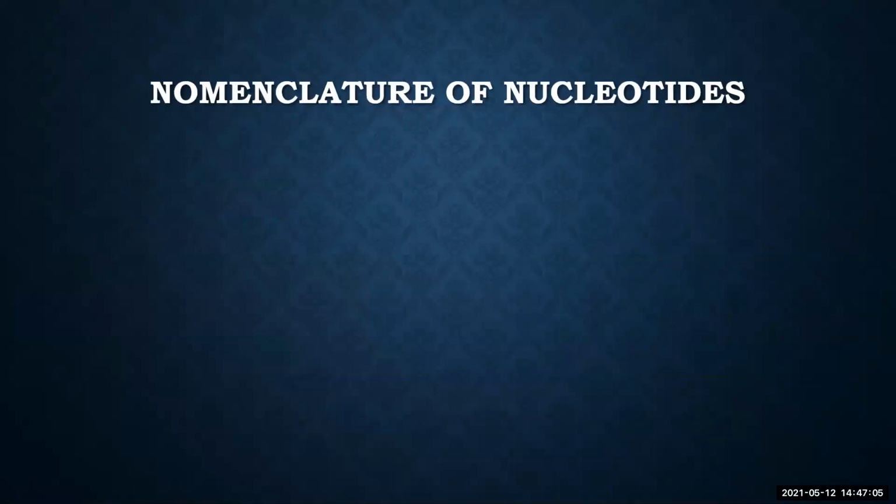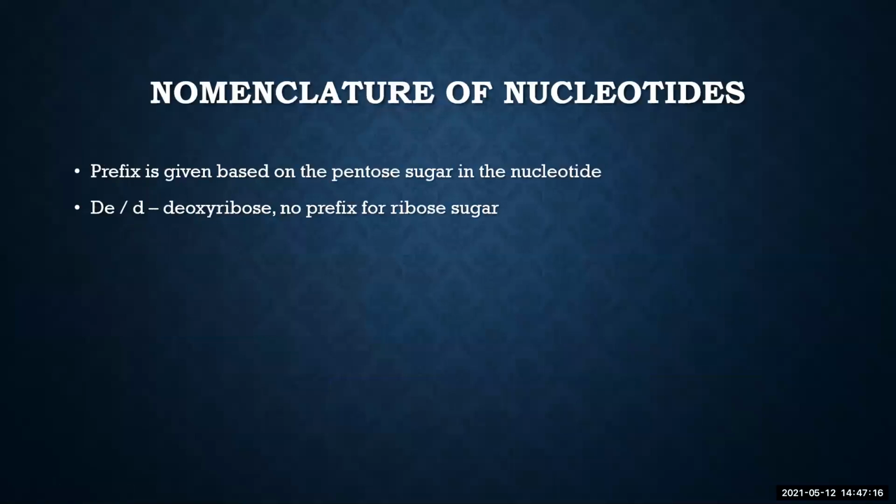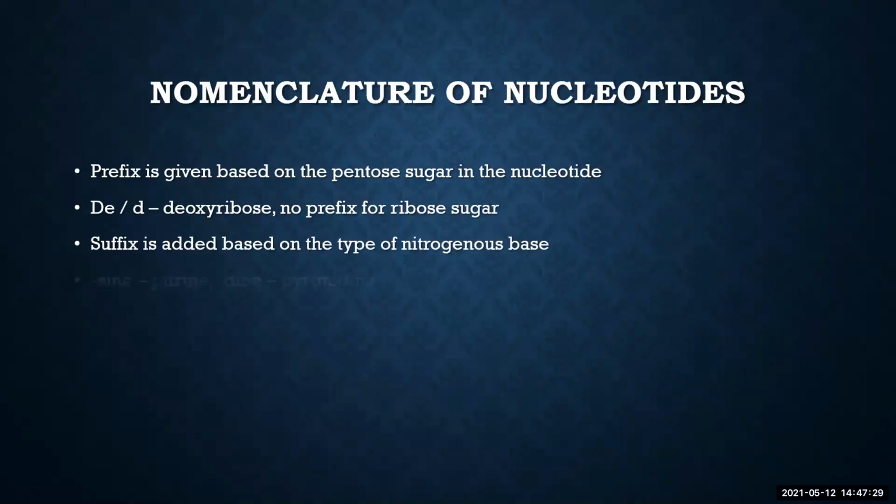Naming the nucleotides: the prefix is given based on the type of pentose sugar. If the sugar is deoxyribose, deoxy or d is given as prefix. If the sugar is ribose, no prefix is added. The suffix is added on the basis of the nitrogenous base.